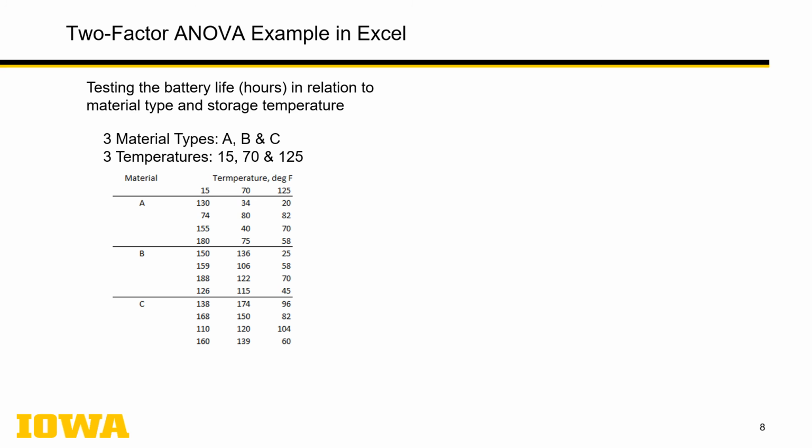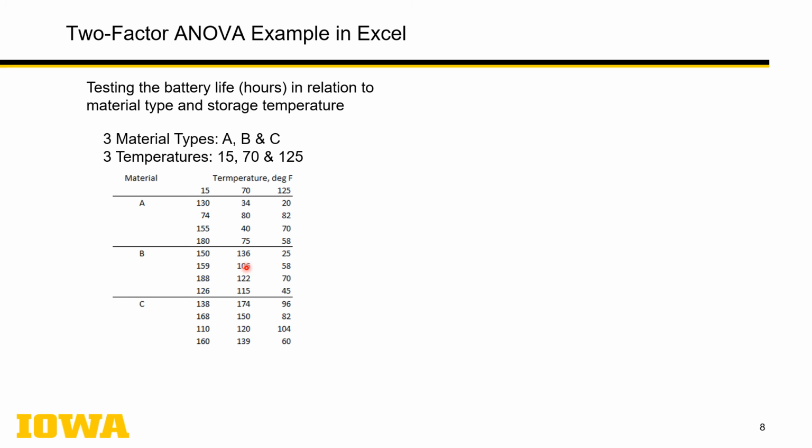One is material type, and they have 3 different material types, A, B, and C. And they had decided to have 3 different temperatures, 15, 70, and 125 degrees. So you can see then that they repeated each treatment combination 4 times. And so there are 4 values for this treatment combination of material A at 15 degrees Fahrenheit, etc.